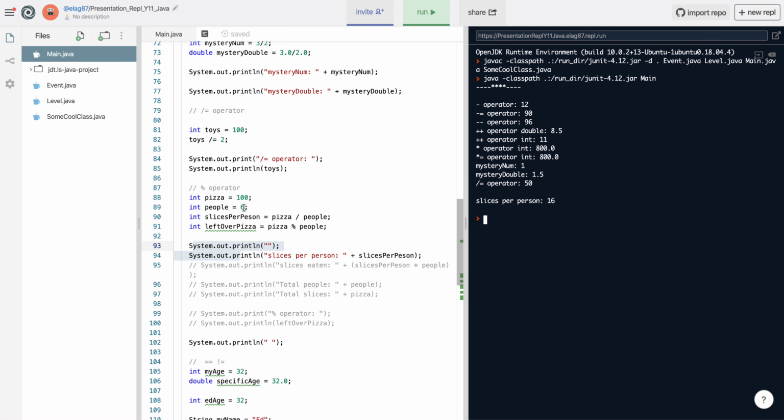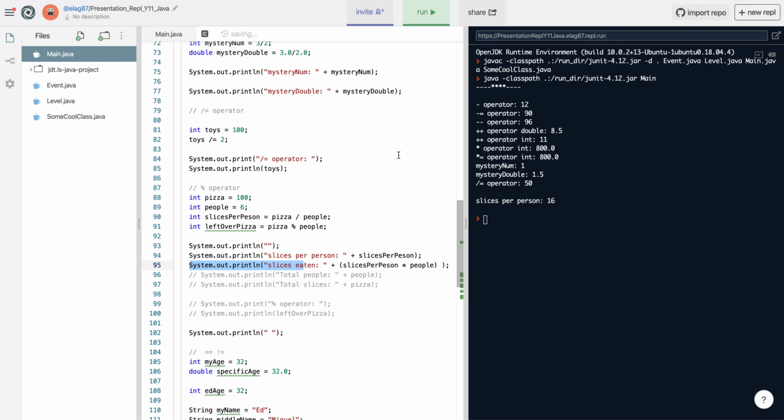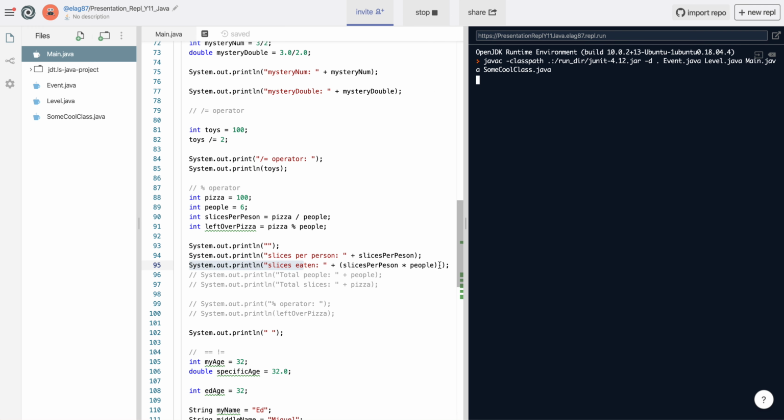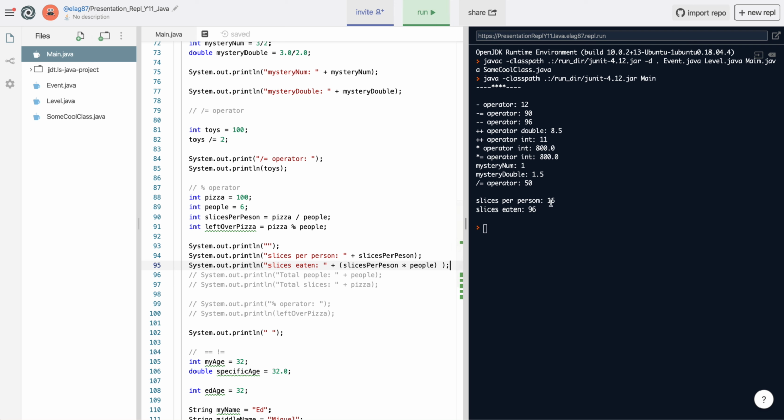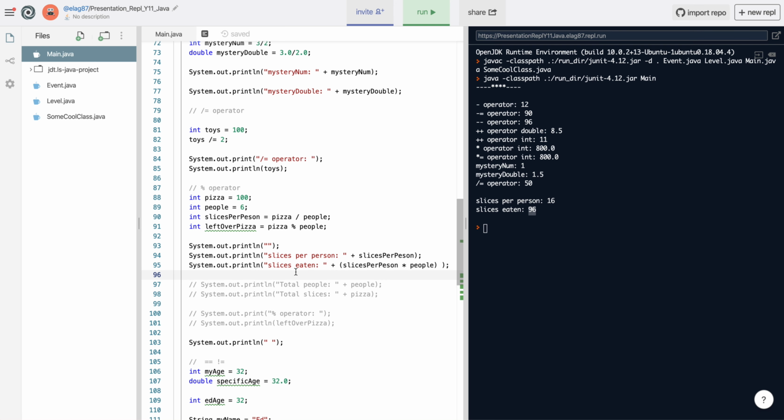Now, this obviously is not the exact answer, because if 6 people each ate 16 slices, we're going to end up with 96. So there's only 96 pieces of pizza that were eaten, even though we had 100 to begin with.